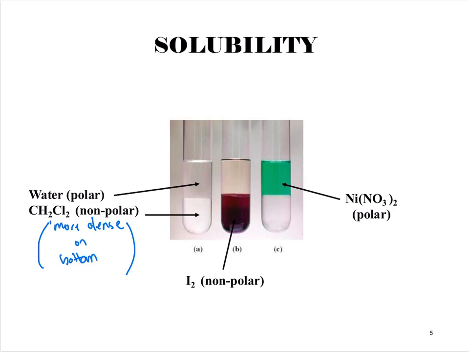If we look at I2, let's say all the clear solutions here are water. So this is H2O, H2O. Would I2 be more or less dense than water? More dense because it's on the bottom. And then why does it separate from water?